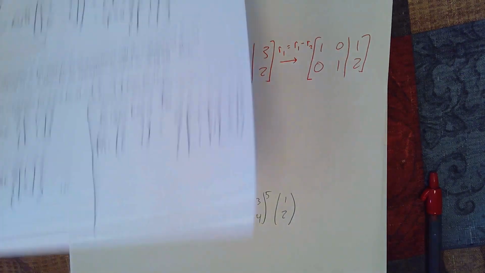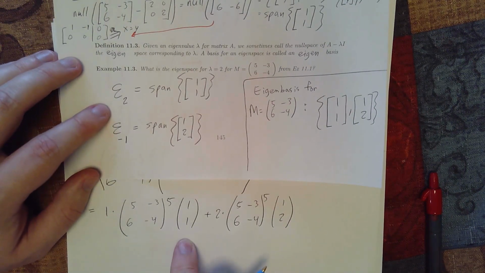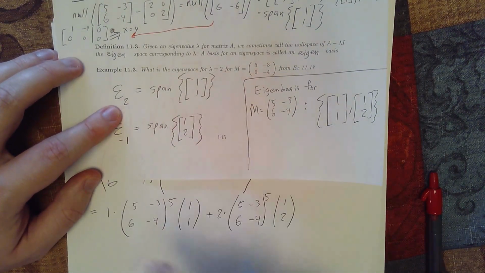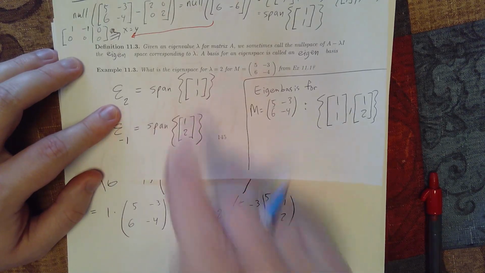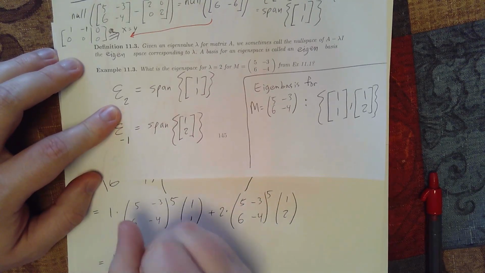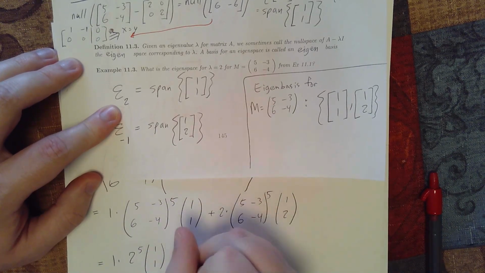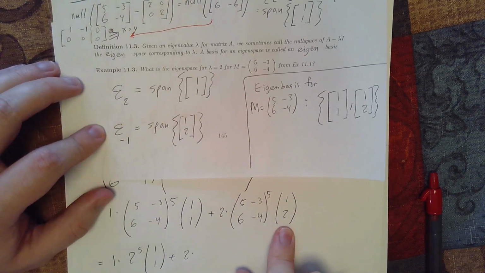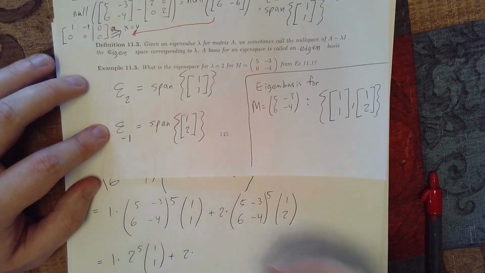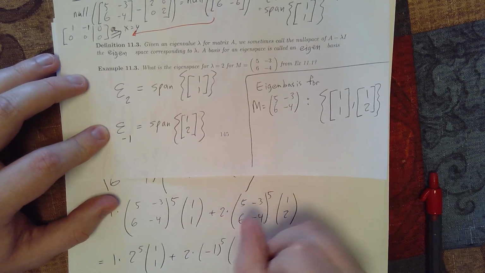But what we said is that this matrix times (1, 1) is going to be the same as 2 times this vector. So we get 1 times 2 to the 5th times (1, 1) plus 2 times, since this is the eigenvector associated with negative 1, we get negative 1 to the 5th times (1, 2).